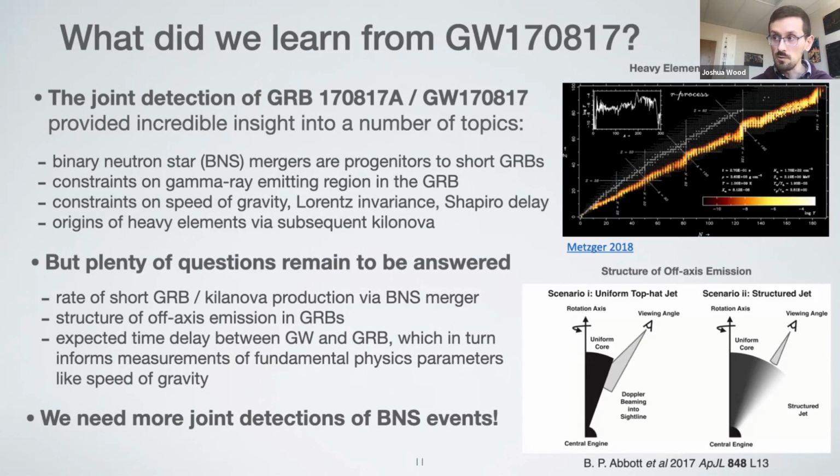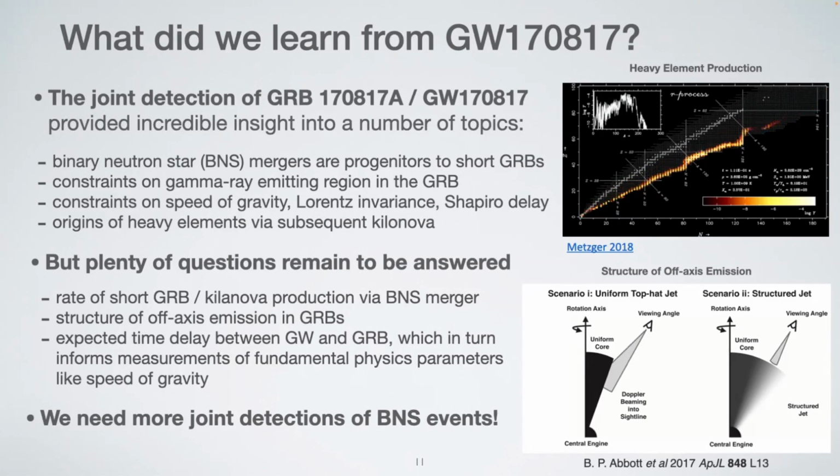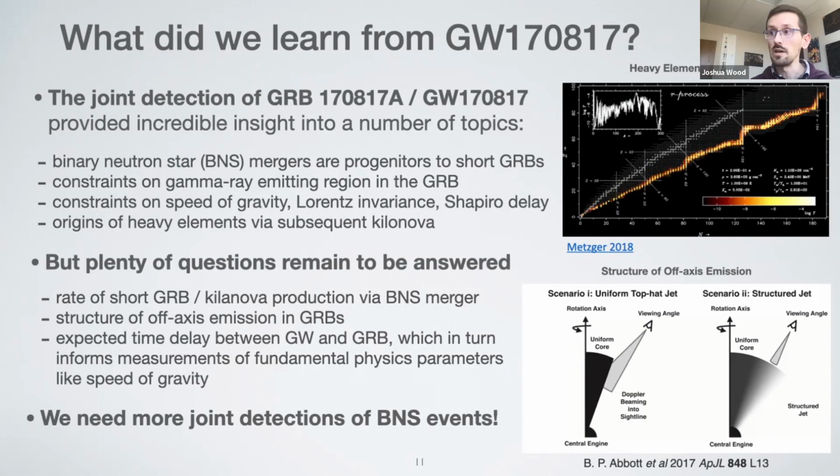And so we know it was viewed off axis, but we can't quite constrain what the edge of the jet that we're looking down looks like, whether it's a sharp fall off, a smooth fall off, or something a bit more isotropic. And the last thing that we'd still like to learn more about is the time delay between the gravitational wave and the gamma ray burst, to understand the modeling for the launch of this jet and how you produce the gamma ray burst.